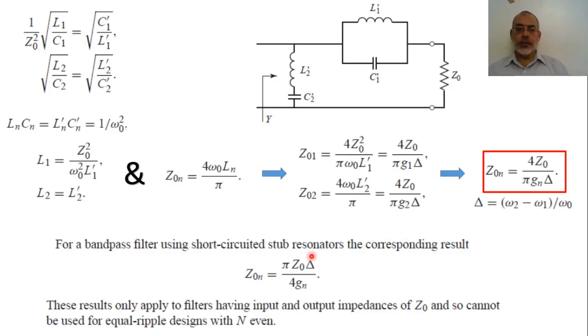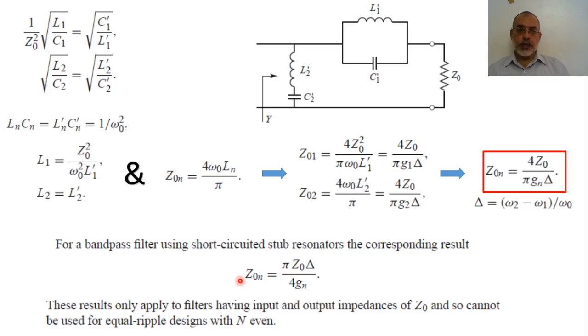In this case, by using short circuit stub resonators, the corresponding result for the characteristic impedance is Z0n equals pi Z naught delta over 4 Gn. So this is the characteristic impedance for open circuit stubs for the case of bandstop filter, and this is the characteristic impedance for short circuit stubs for bandpass filter.